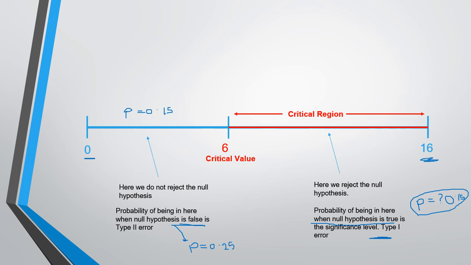But if I wanted to work it out, the probability of this type 2 error, well, I know in here x is less than or equal to 6, and I know P is now with this new value. Okay, but in the context of this question, it would be me saying that the teacher has not improved the teaching when in actual fact he has.